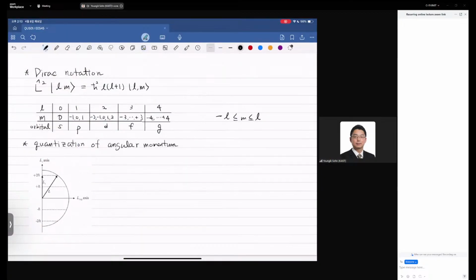So the angular momentum along the z-axis is all quantized. Here we're giving an example of L equals 2, which corresponds to the d orbital. And for x and y, we can treat it as this. I can introduce this operator, which is L squared minus L_Z squared.